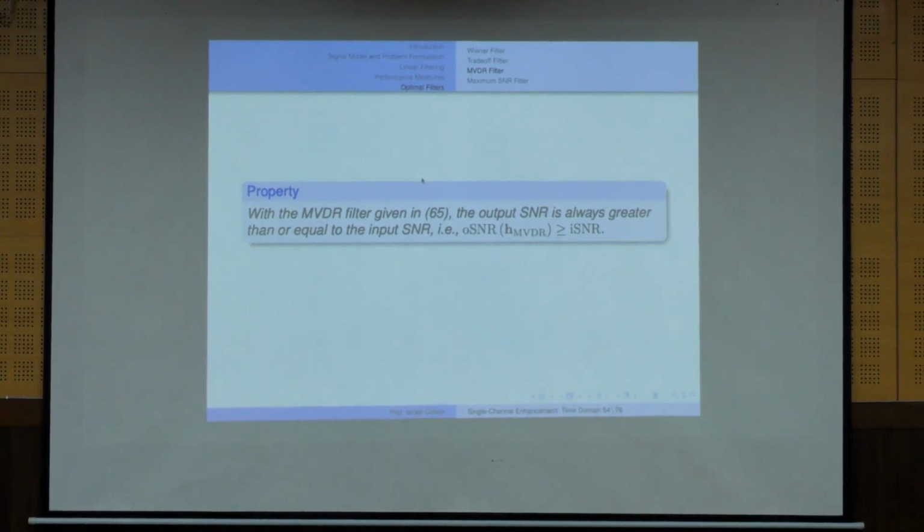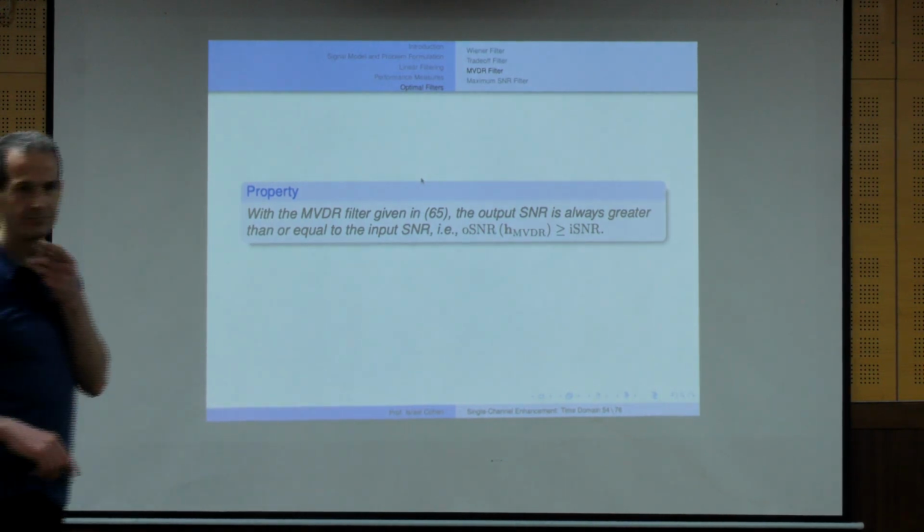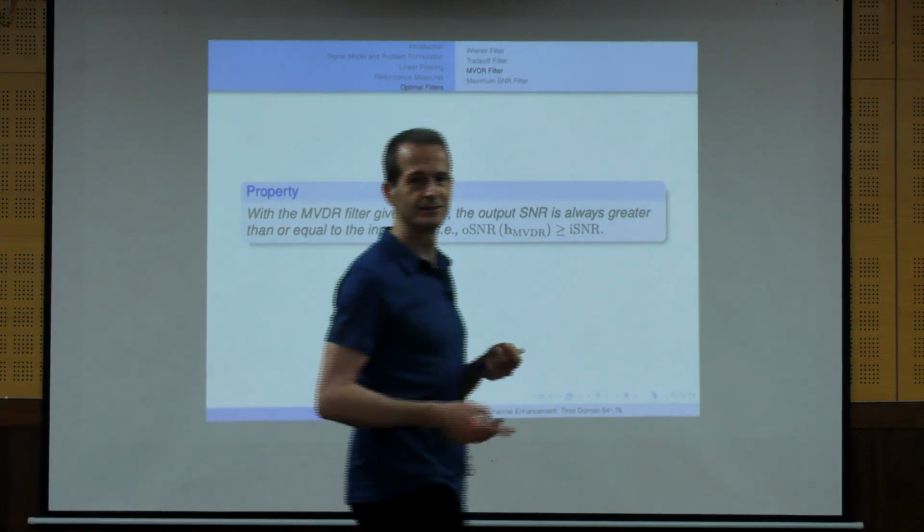Even by intuition, what do you think? How do I know that the output SNR with the MVDR filter is always larger than the input SNR? It's much easier than for the other filters. Why?